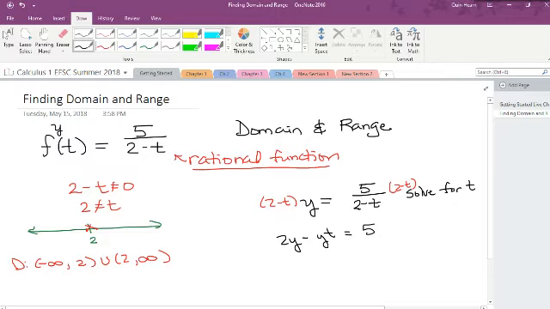Just to get t by itself, I'm going to subtract 2y over to the other side, so we get negative y times t equals 5 minus 2y. And then we're going to divide both sides by negative y. So that would mean that t is equal to 5 minus 2y over negative y. Or, if you prefer, we can divide the negative through and get positive 2y minus 5 over y.